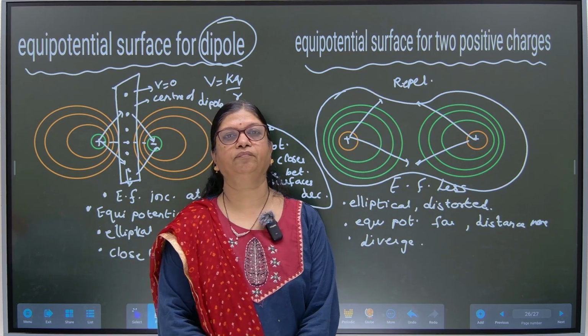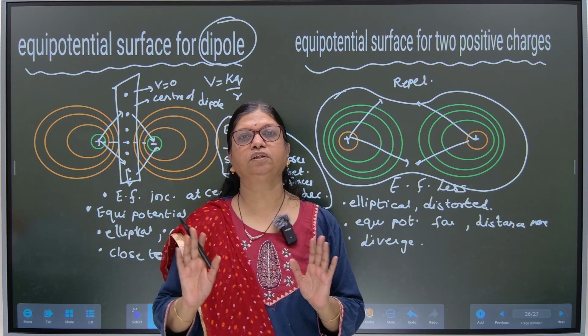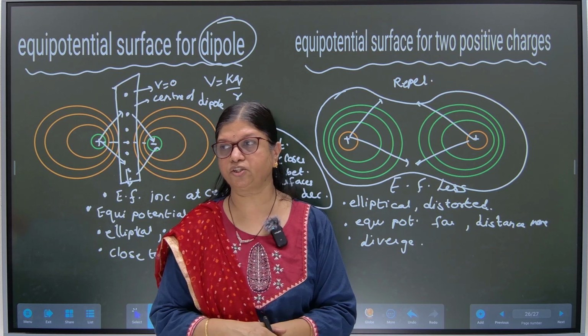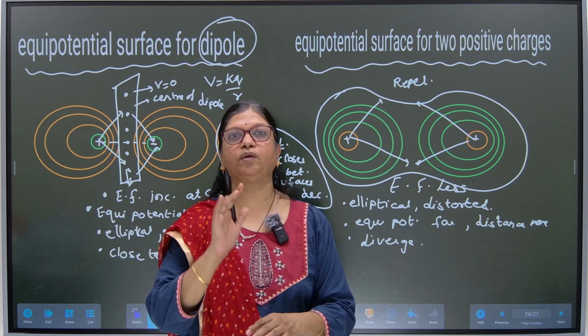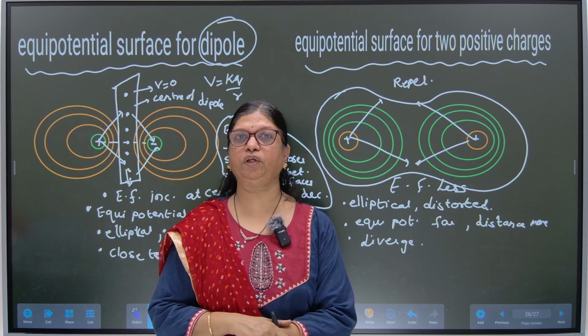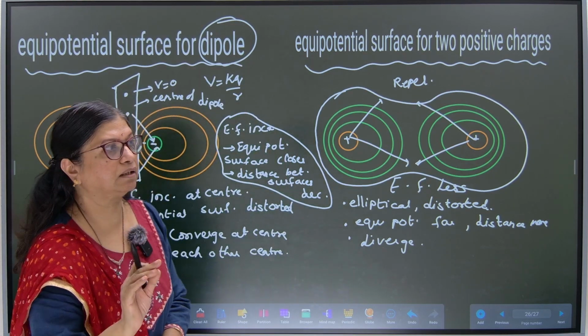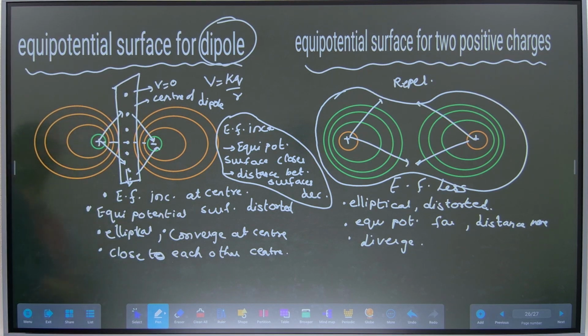Fine? So these are the different configurations for the equipotential surfaces which we have discussed. Just take a click of what we have learned just now. Keep watching so that we continue to the next page and derive one small formula for the relation between the potential and the electric field.